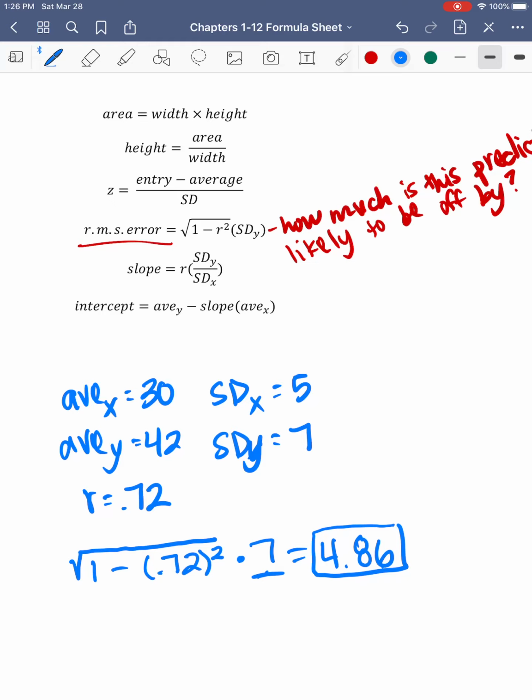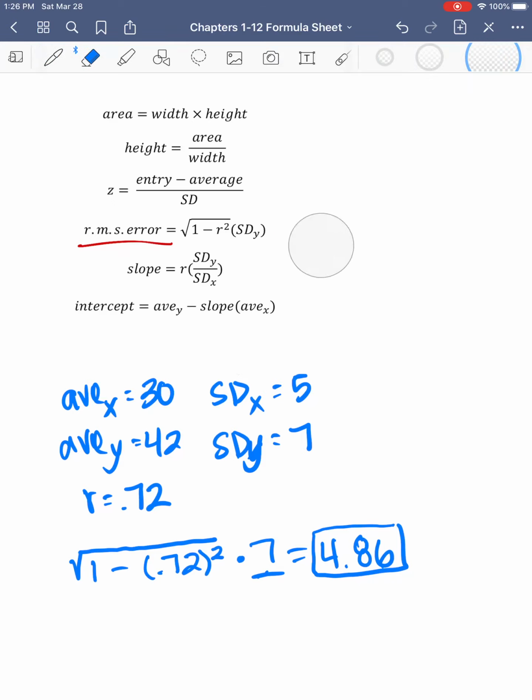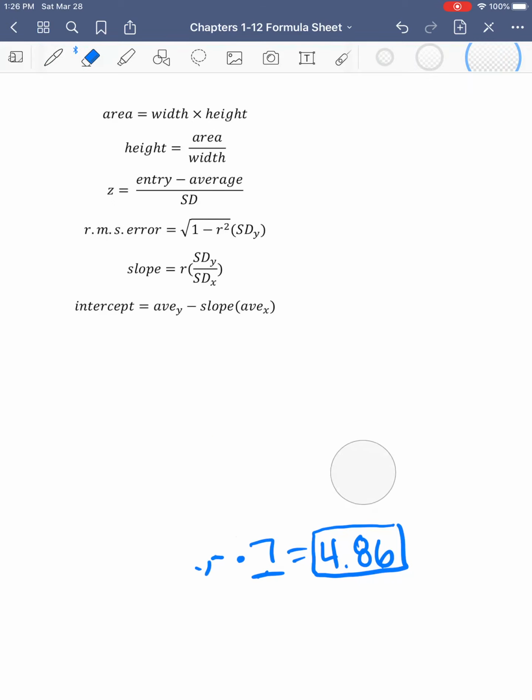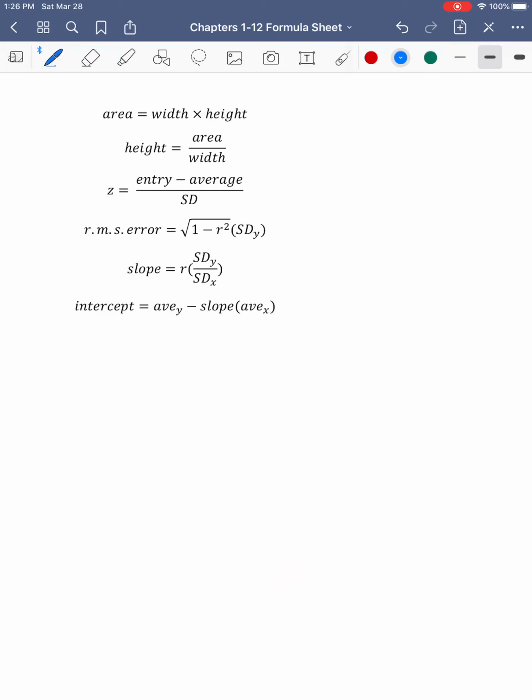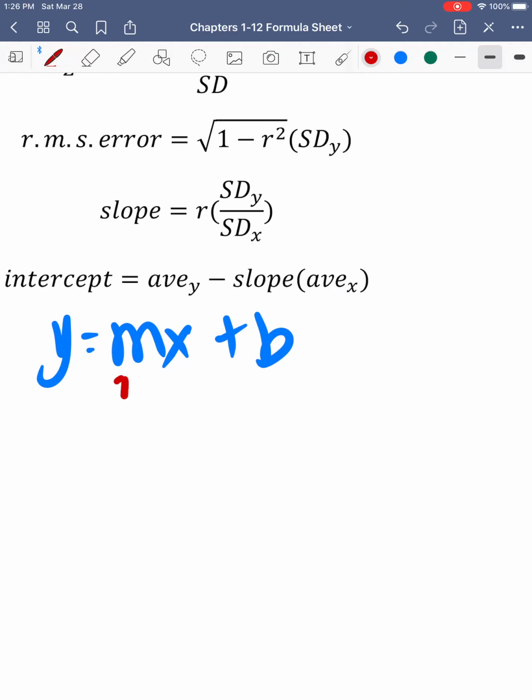Okay, the next thing is slope and intercept. And I'm going to add a formula to this, and that formula is y equals mx plus b, where m is the slope, b is the intercept.